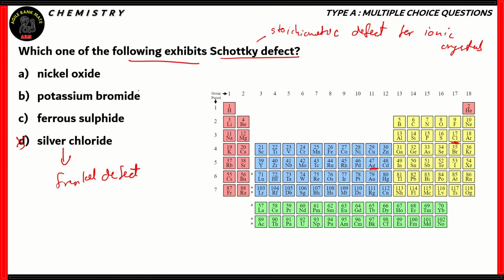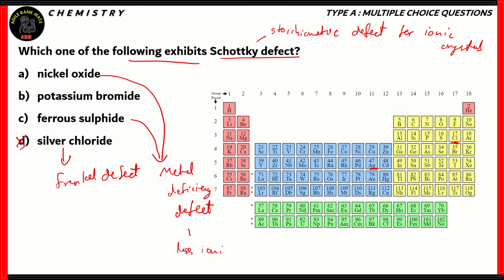Next we have ferrous sulfide and nickel oxide. Both of these exhibit what we call the metal deficiency defect. So their crystals are less ionic. So therefore they exhibit the metal deficiency defect where the metal is missing.